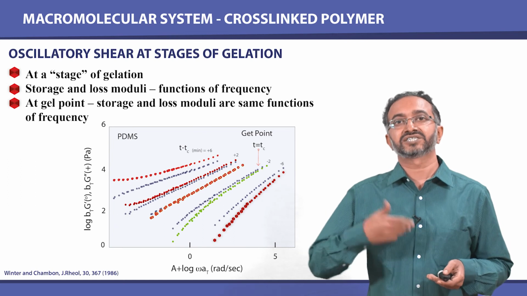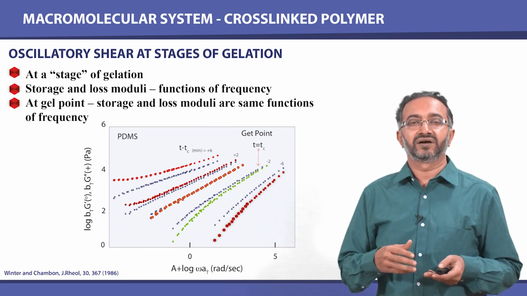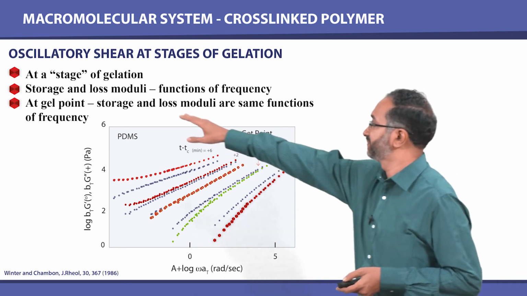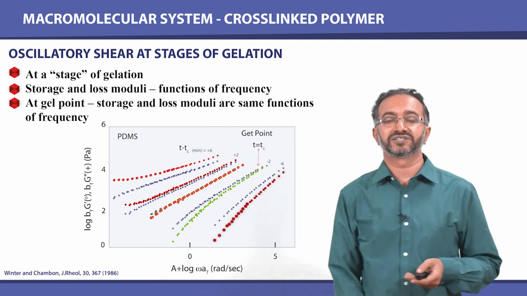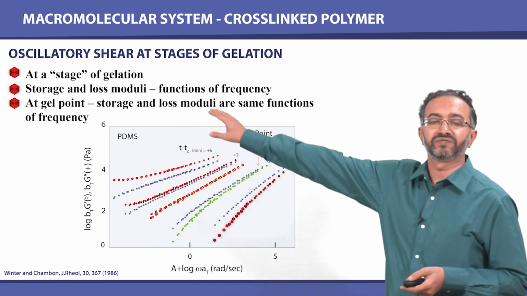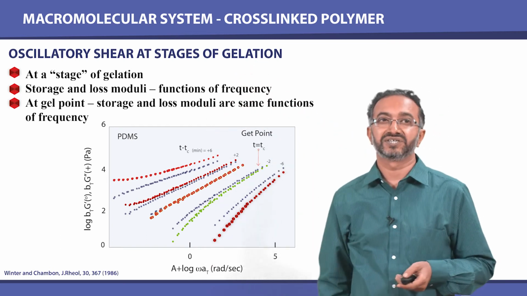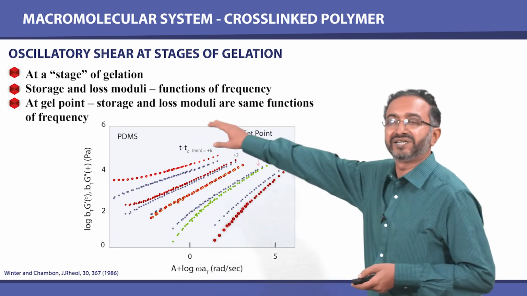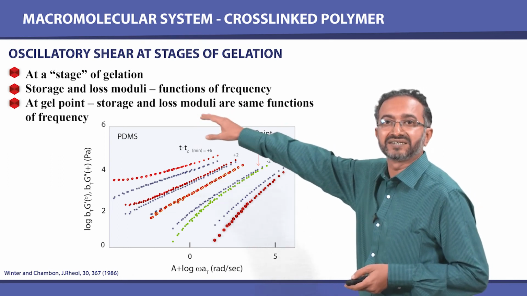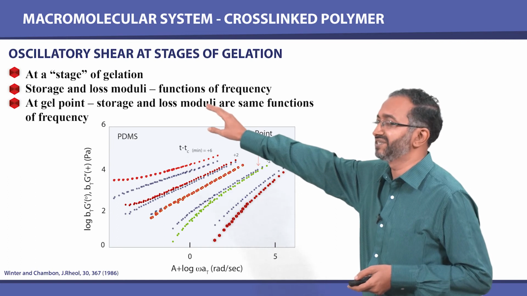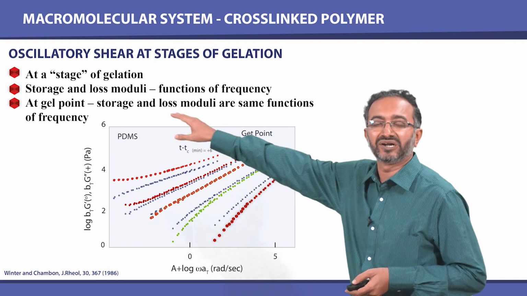And as the reaction proceeds, we see the other extreme, where G prime of the material has become constant as a function of frequency in the lower frequency range, and then of course there is frequency dependence as frequency increases. This is somewhat reminiscent of a polymer melt like response, where at low frequency we had terminal viscous response; here we have a terminal solid like response.